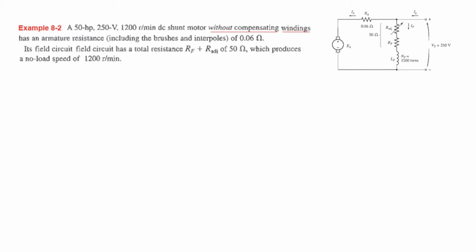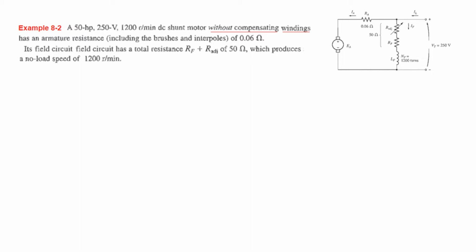And as I had explained in the previous video, because of the rotation of the armature, there is a magnetomotive force produced which opposes the magnetomotive force produced by the field winding, and therefore there will be a loss of magnetomotive force.